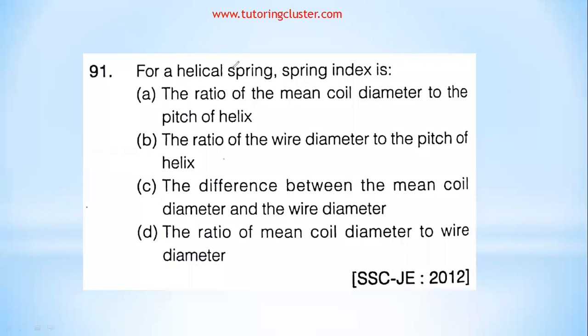For a helical spring, spring index, which you can denote by K, is given as the mean coil diameter to the wire diameter.